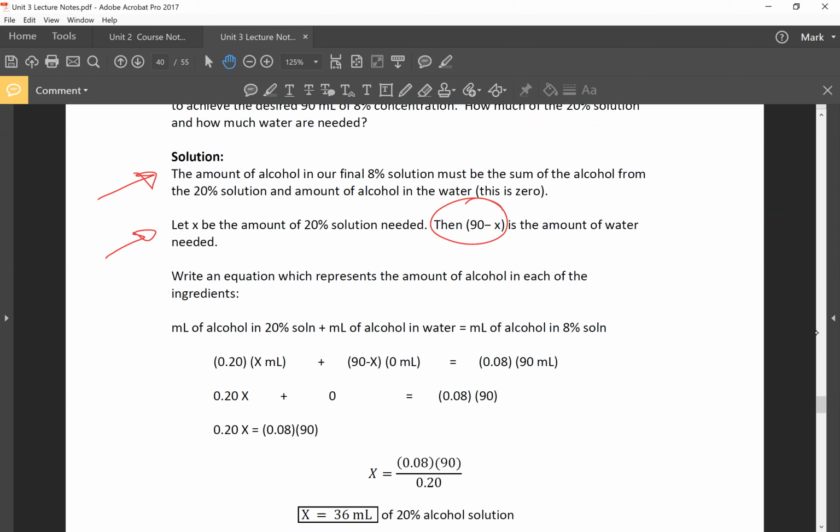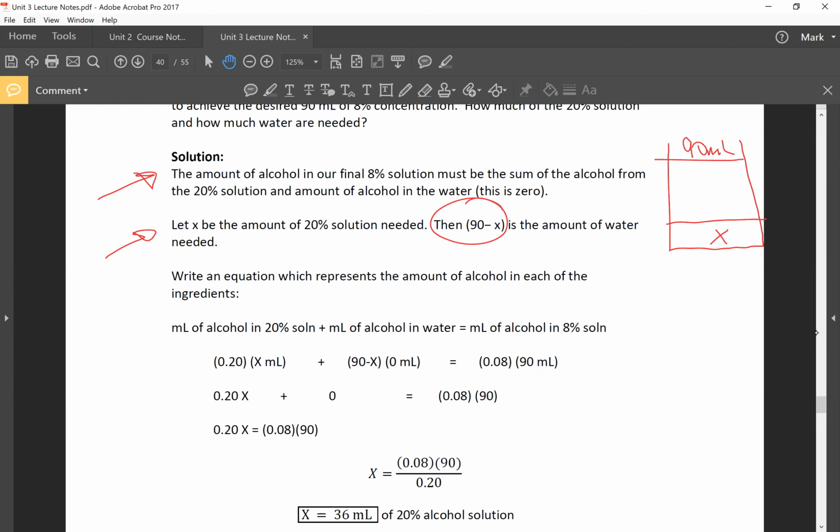Now, let me explain that. If we're making a 90 milliliter solution, you can just imagine we have 90 milliliters of solution.